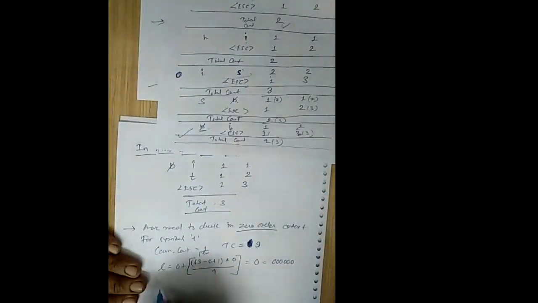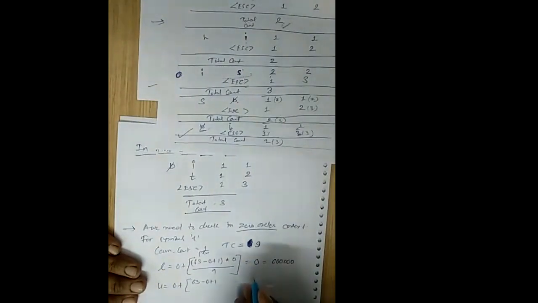Okay, and U is equal to 0 plus 63 minus 0 plus 1, and that should be multiplied by 1 upon 9. So I'm sorry, minus 1 is there, so that will become 6. और 6 को अगर मैं 6 बीट में रिप्रेजेंट करूंगा तो it will be like this way.